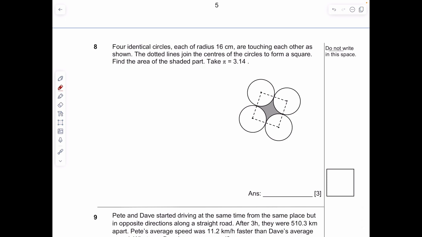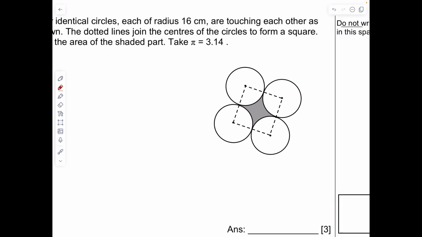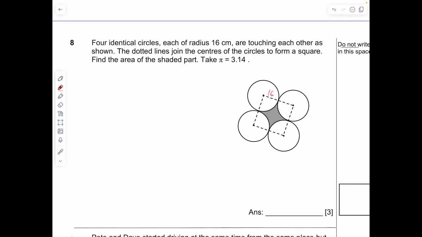Okay, question 8. 4 identical circles, each radius 16 cm, are touching each other as shown. The 4 dotted lines join the centers of the circles to form a square. Find the area of the shaded part.